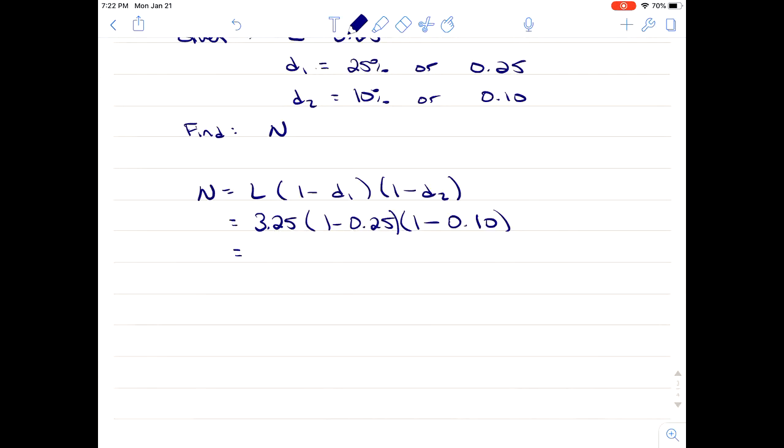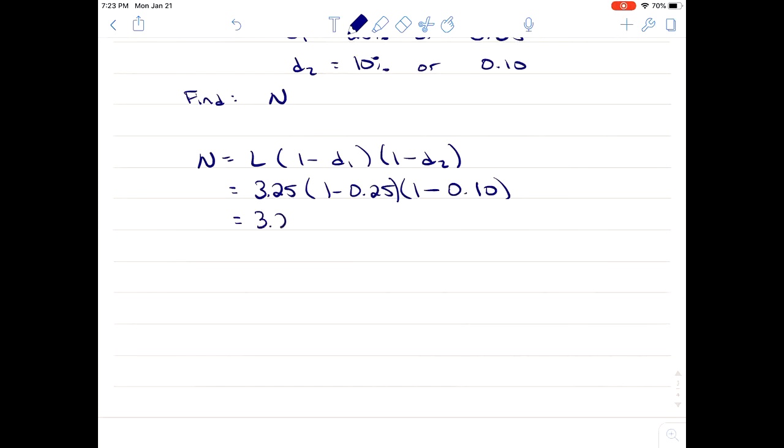You want to be careful, because a lot of the time people get carried away and forget the 1 minus. 1 minus 0.25 is replaced with 0.75. If you just used the 0.25, that's not going to work out.